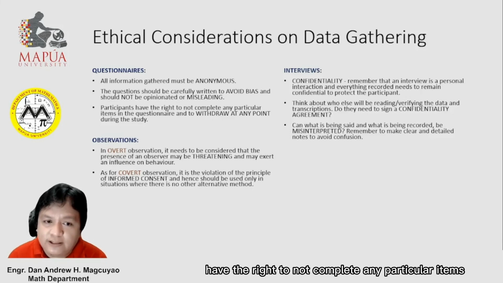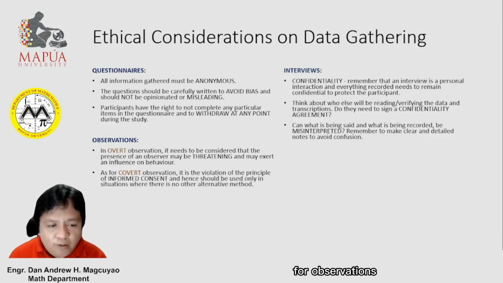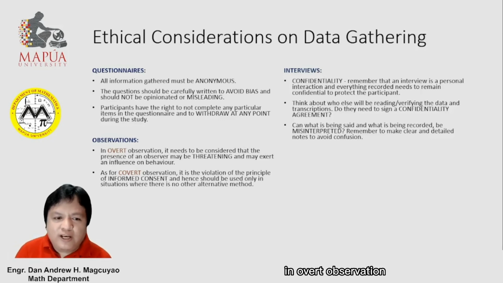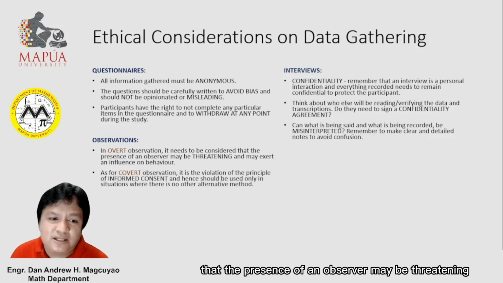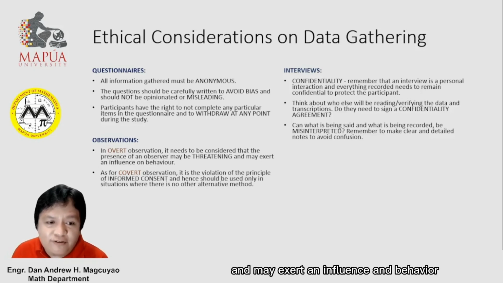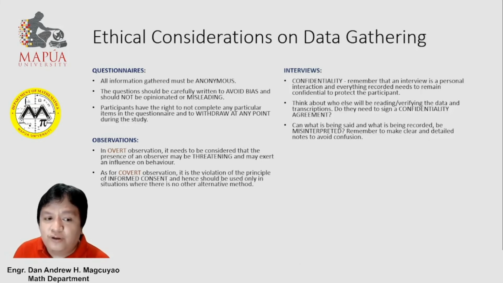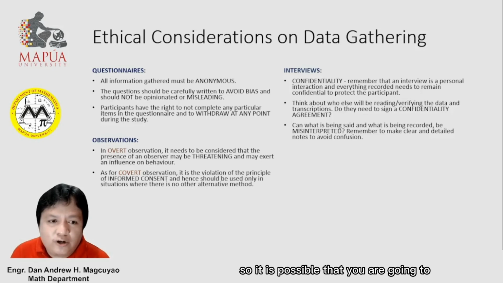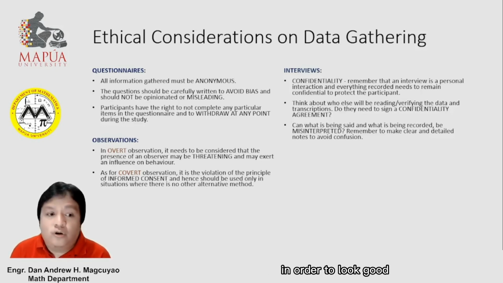Participants have the right to not complete any particular items in the questionnaire and to withdraw at any point during the study. For observations, in overt observation, it needs to be considered that the presence of an observer may be threatening and may exert an influence on behavior. If you know that you are being observed, it is possible that you are going to manipulate your response in order to look good.